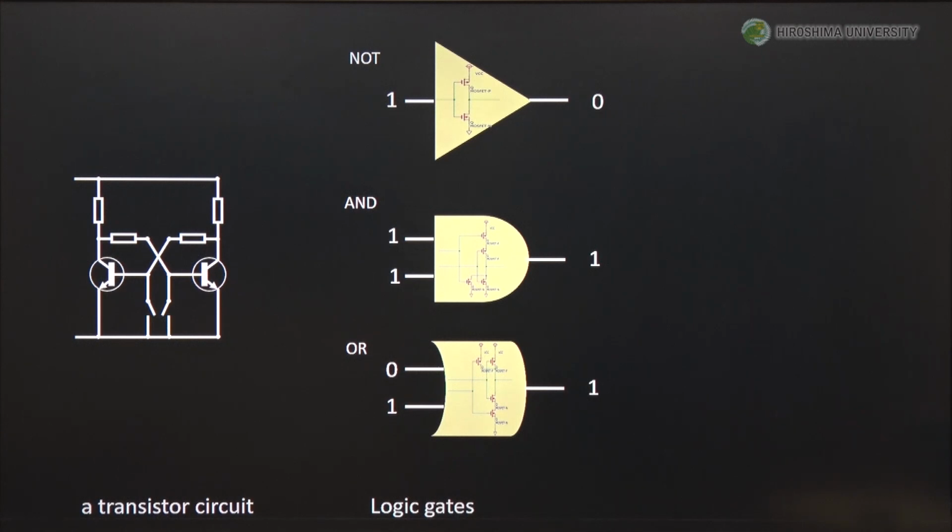If we take a look at the hardware of these classical computers, the basic circuit is the transistor circuit. By combining these transistor circuits, we can construct what are called logic gates. These are examples: not, and, or.